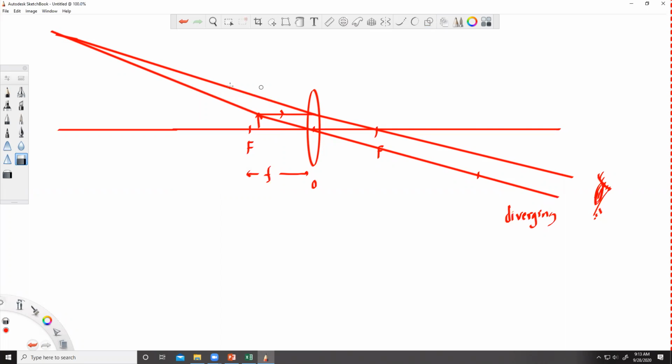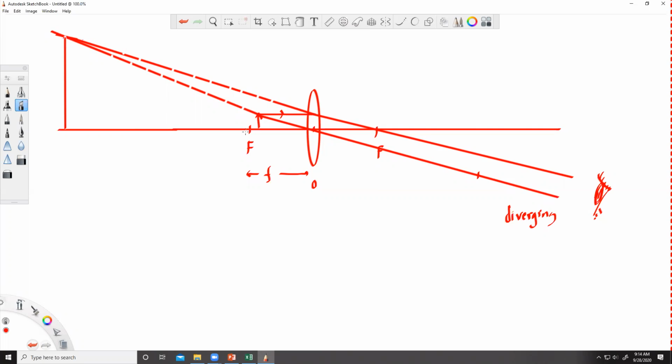The image formed in this way is called a virtual image because it's not the real intersection of the refracted rays. And the intersection is above the axis, so the image is upright, like we said before. Whenever it's above the axis, it's upright.